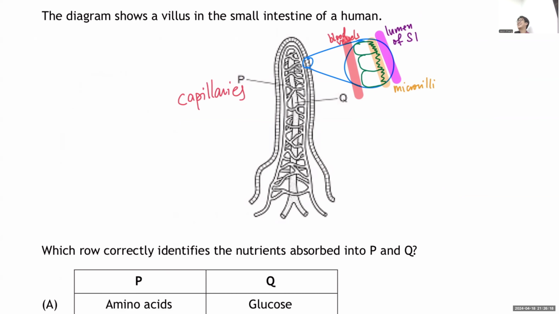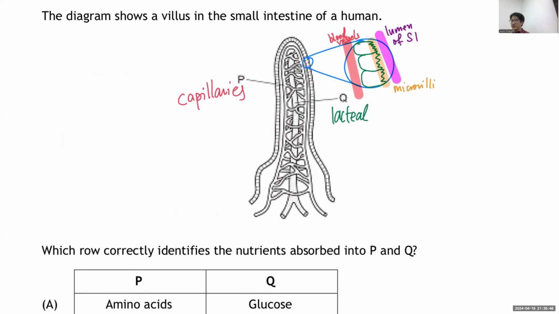Right, P is the capillary network inside the villus. And therefore, Jaden, Q has to be the lacteal. The lacteal belongs to what system? The new one that I shared with you all today, the only time you will need to use it in your syllabus.